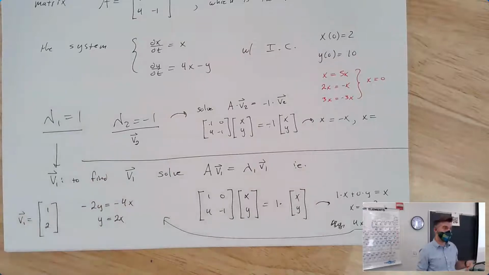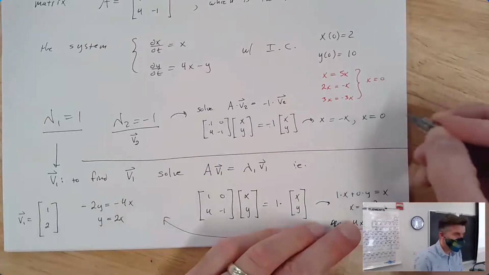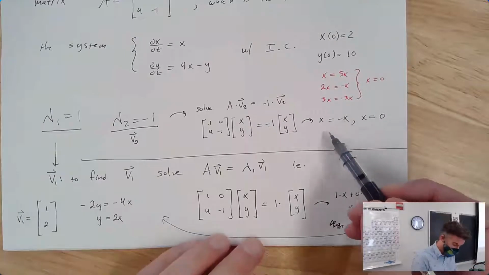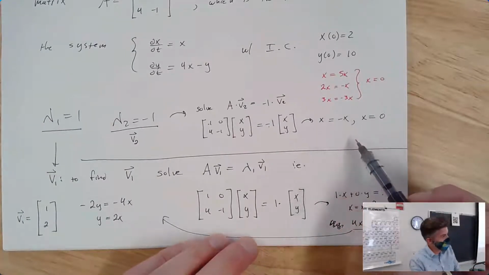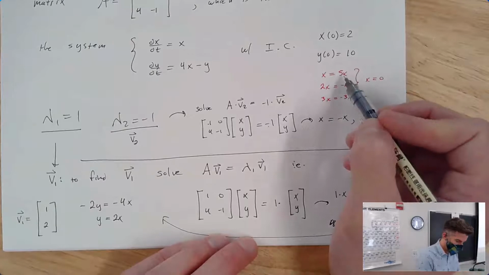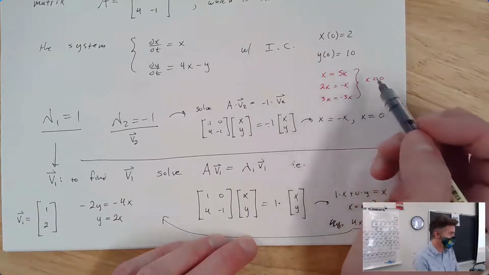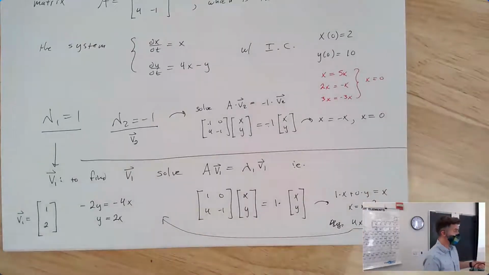Any other number, if you multiply by something else, you get a different result. So x equal to -x gives us x equal to 0. You can also do the work, right? In each of these instances, I can totally add x over here and get 2x equal to 0 and then x equals 0. Or here I could subtract 5x and get -4x equal to 0 and then divide by -4 and get x equal to 0. But I don't want you to have to do that work, right? I want you to be able to see, oh yeah, I know we're going to get x equal to 0.